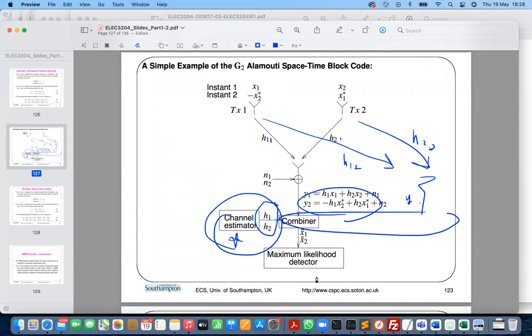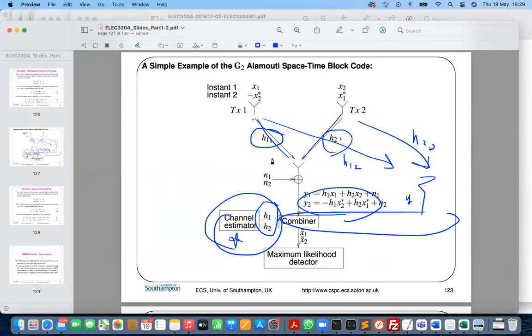Another assumption that I didn't mention before is about diversity. The principle of diversity is that when you have 2 antennas, then if one fading is in deep fade, the other one might save the signal transmission.